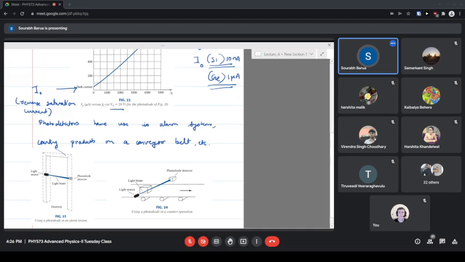Suppose you have some applications in which a light pulse is coming at an interval of, say, 10 nanoseconds. Suppose this is your light intensity and how it is changing: it is going up and going down, and this is happening in say 10 nanoseconds.